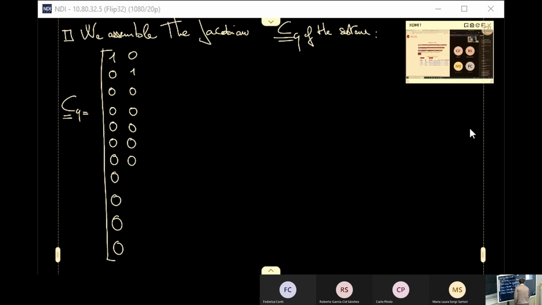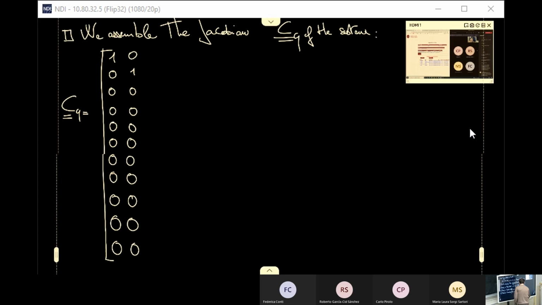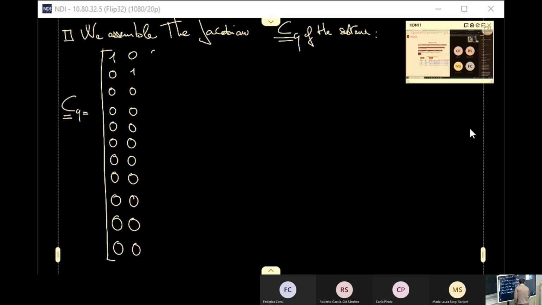I'm just assembling the matrices that we have already found, but expressing them all in one matrix with respect to all the generalized coordinates. I know it's tedious, but it's gonna be useful.